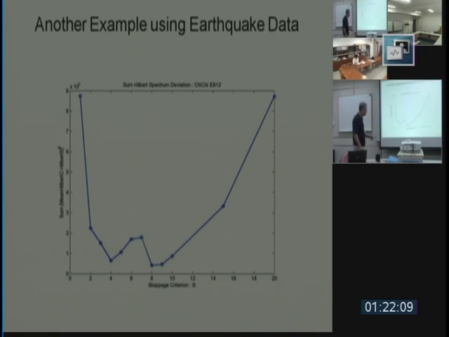So here, 2, 3, 4 are all pretty good. By the time you get 4, it's minimum. Then it goes up and down. Based on the criteria that the lower the better, I would definitely select this part as my stoppage criteria.